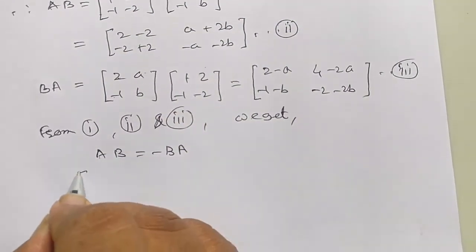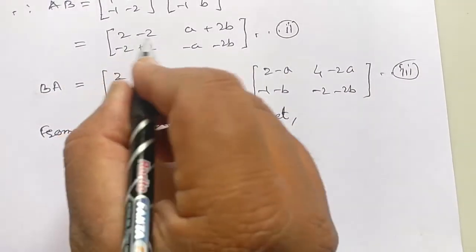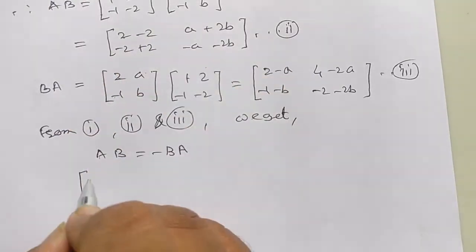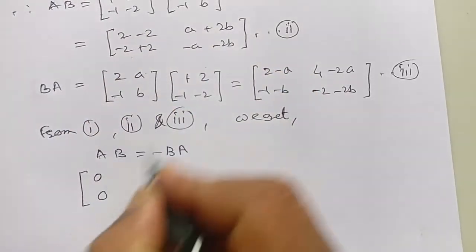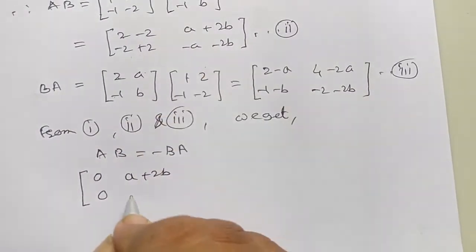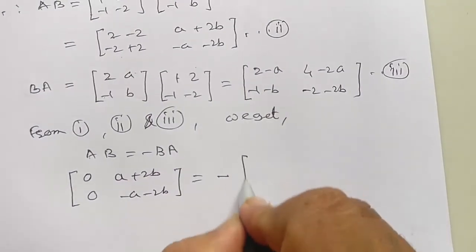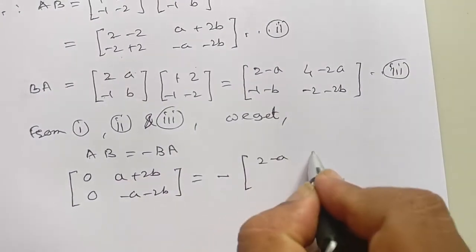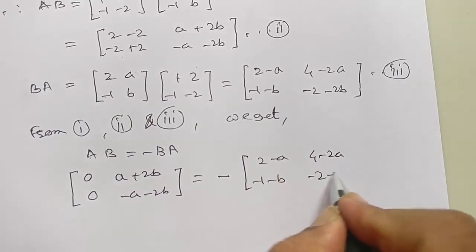So AB is, here AB is 2 minus 2, 0, minus 2 plus 2 is 0. A plus 2B minus A minus 2B, minus BA is 2 minus A, 4 minus twice A, minus 1 minus B, minus 2 minus 2B.